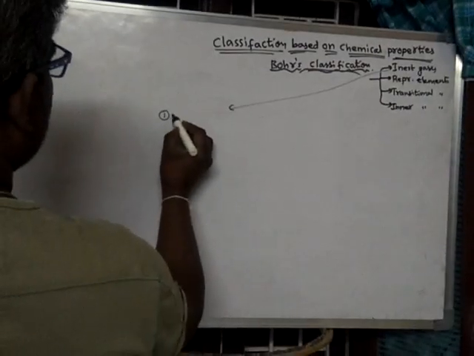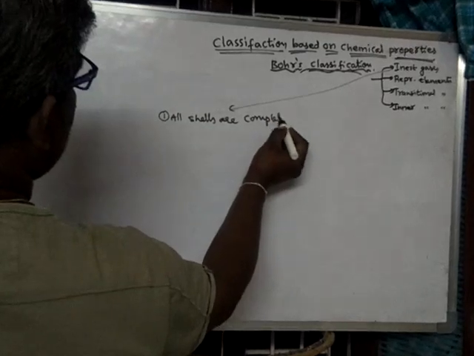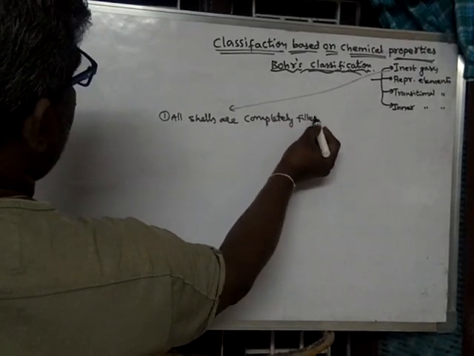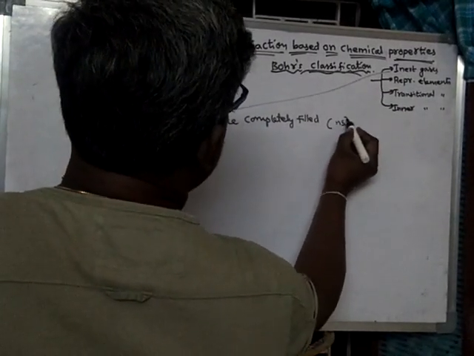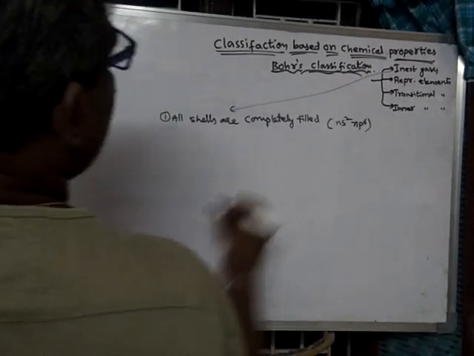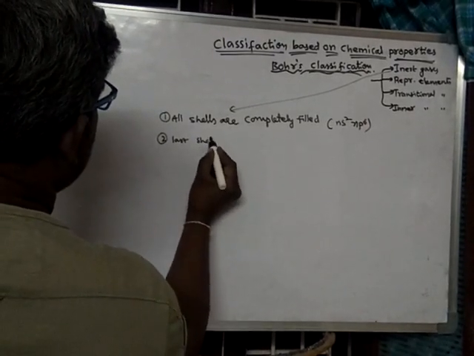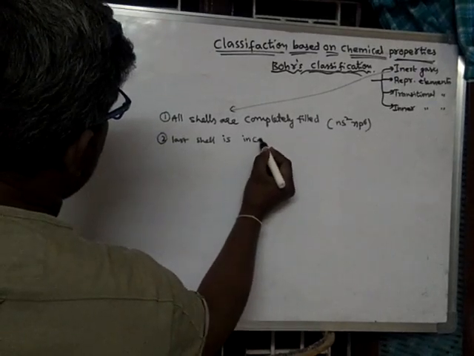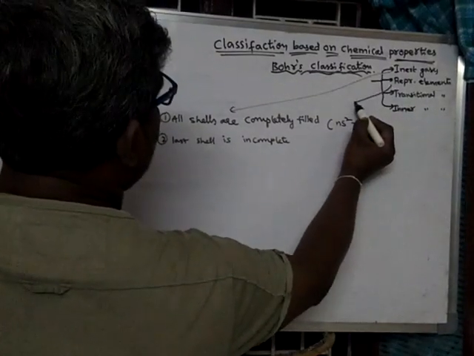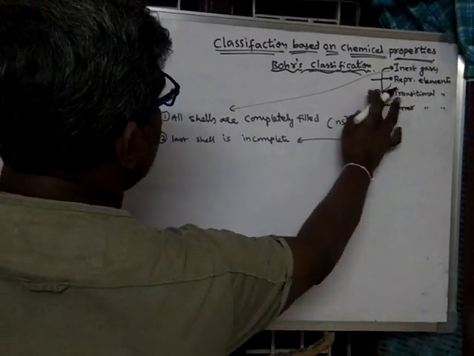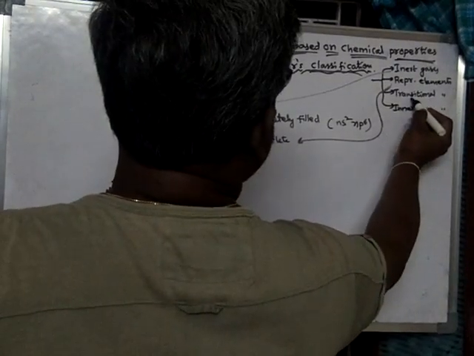In inert gases, all shells are completely filled, and all the elements of inert gases possess ns2 np6 configuration, whereas in representative elements, the last shell is incompletely filled.